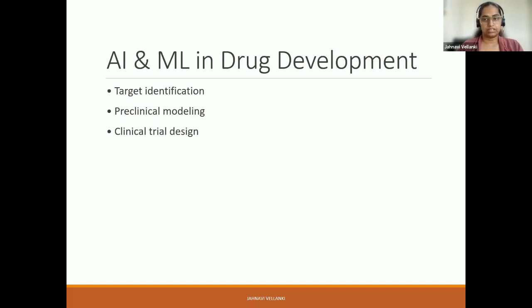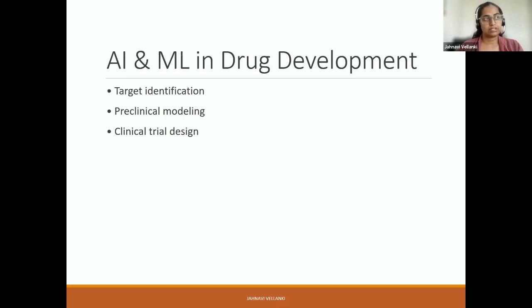Machine learning algorithms have improved preclinical research by accurately predicting drug efficacy and toxicity, thus decreasing the need for animal testing.